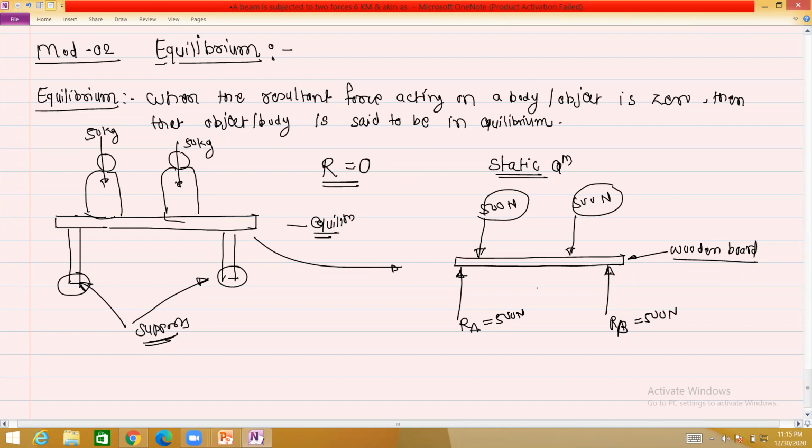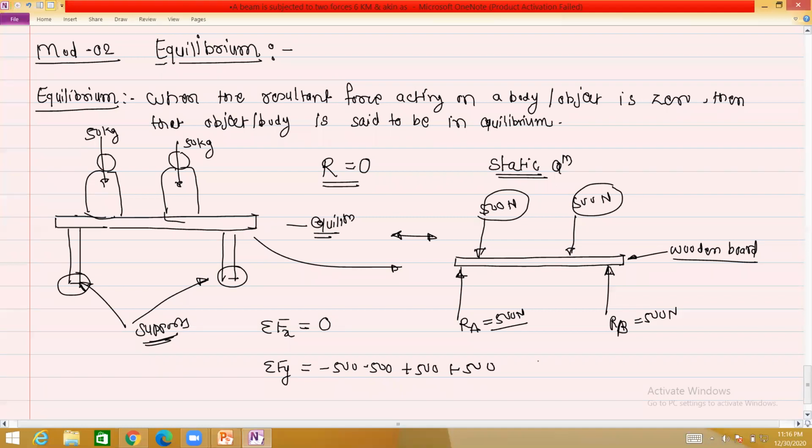In this case, if you write the summation Fx, what is its value? There is no force in the x direction, so summation Fx is 0. If I write summation Fy, this is 500 acting in the downward direction, so it is minus 500, plus RA, so plus 500, and again plus 500.